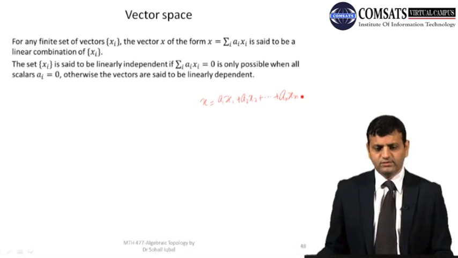So the set xi is said to be linearly independent if their combination is 0, then the only possibility is that all the coefficients are 0.